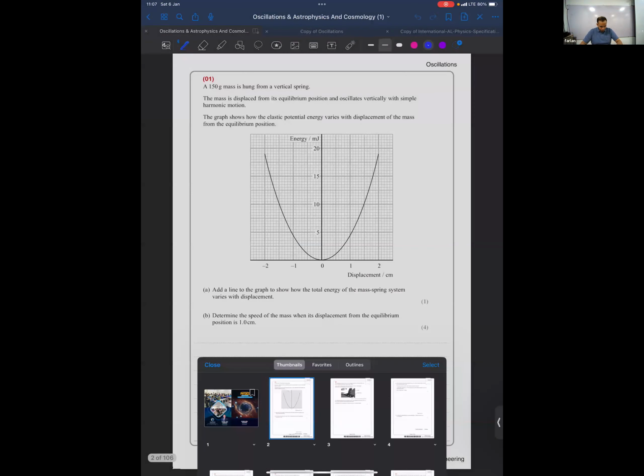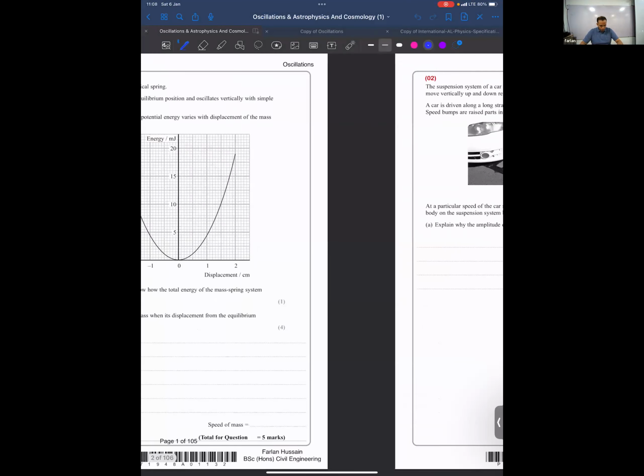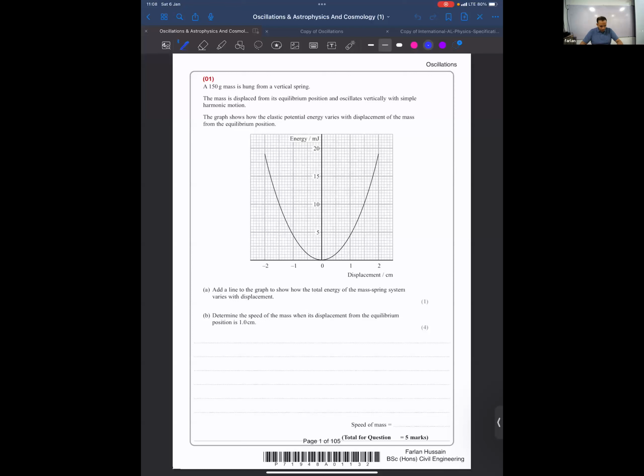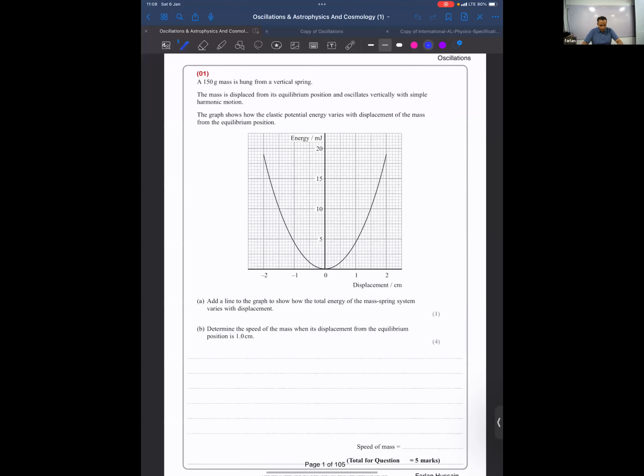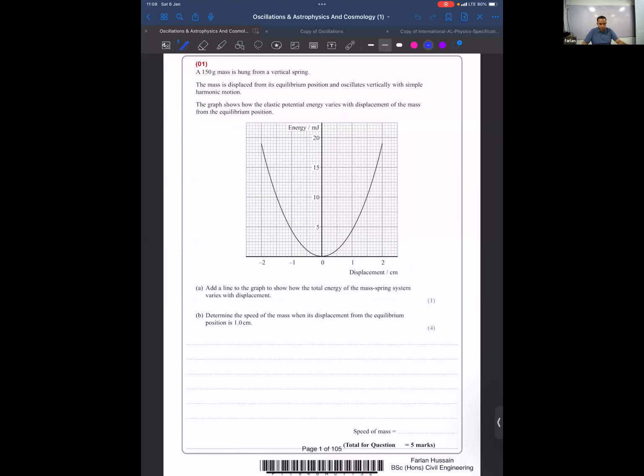Guys, question number 1, page number 1. A 150 gram mass is hung from a vertical spring.